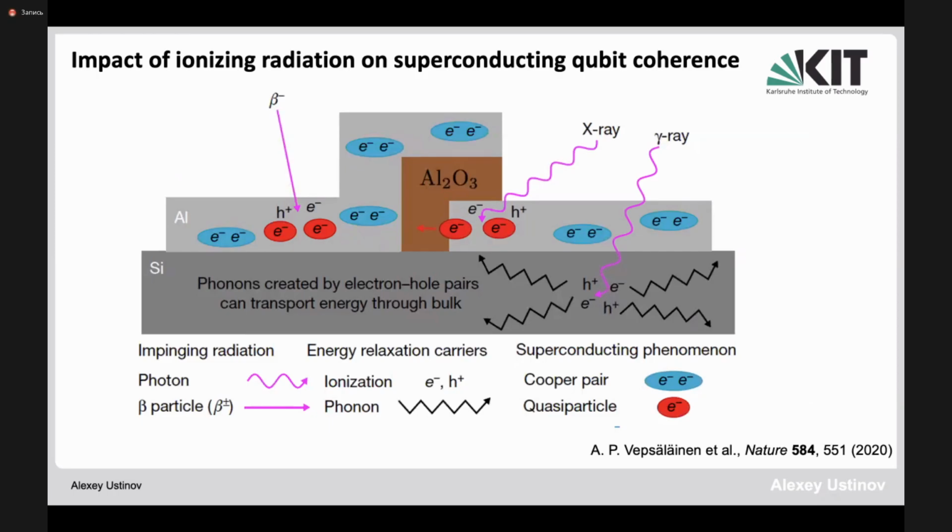Now, the impact of ionizing radiation on superconducting qubits is versatile. So you will have, of course, Cooper pairs being broken, and then quasi-particles appearing in the material. And then after some time, these quasi-particles will have a certain probability to recondense, to relax.